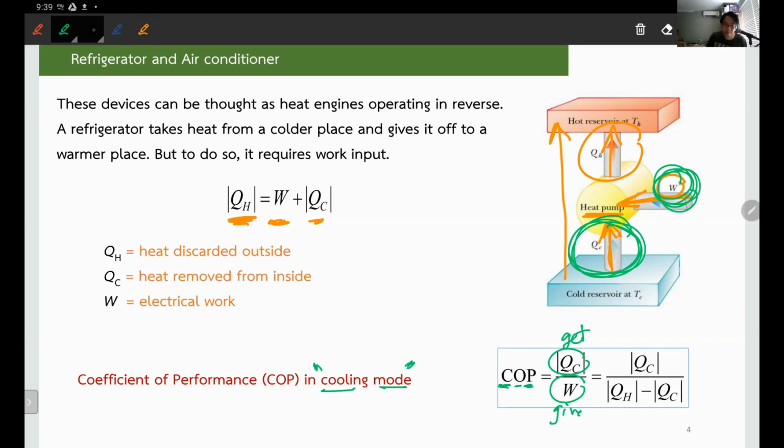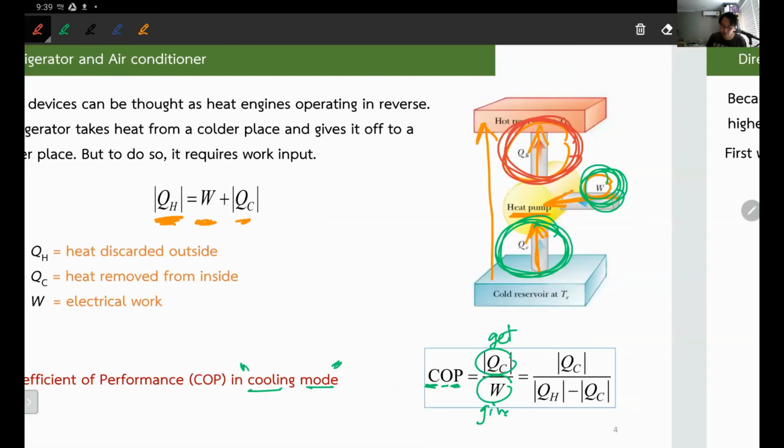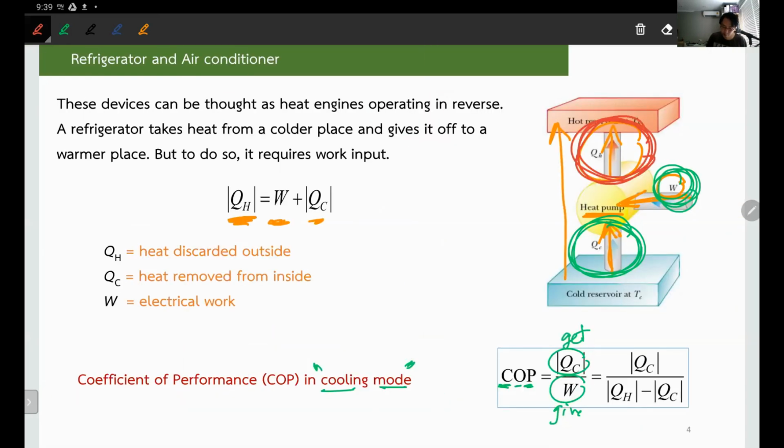Your attention might be the Q hot, not the Q cold. So in that case, let me put it on the side over here, since I'm not focusing too much on it.